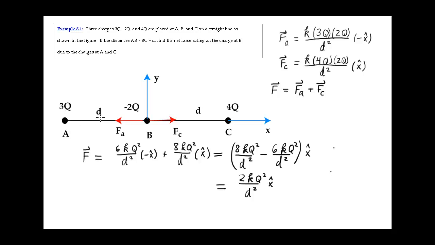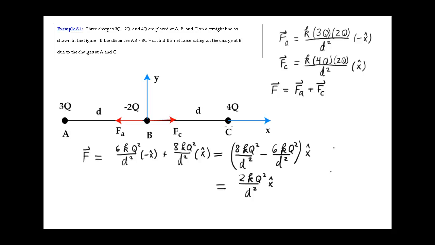If these 3Q and 4Q charges are equally distant from the charge at point B, it stands to reason that the larger of the two charges is going to win out, is going to have a larger force than the other one. So F sub C, it's pretty clear from the picture, is larger in magnitude than F sub A, so it makes sense that the final net force is in the positive x direction.